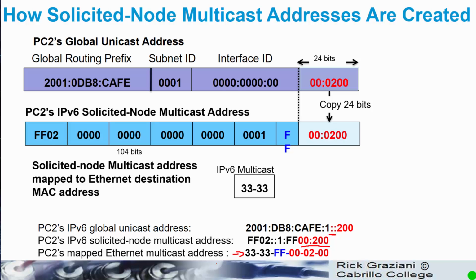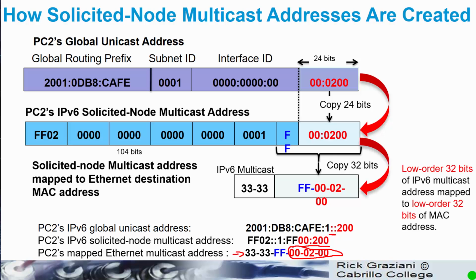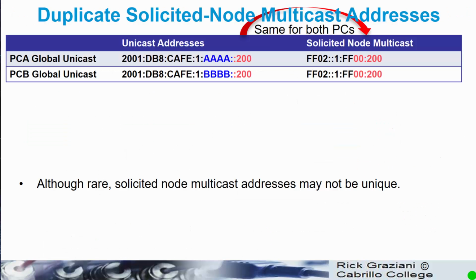Here is its MAC address. Again, notice we are taking the last, the remaining 24 bits of our MAC address. And here is all of that. It's the same for both PCs.